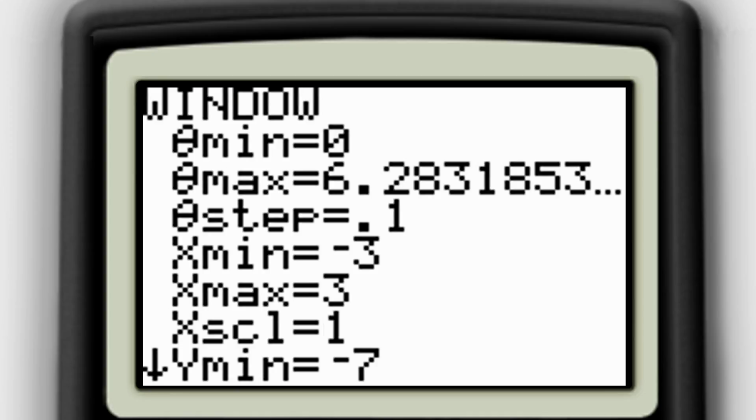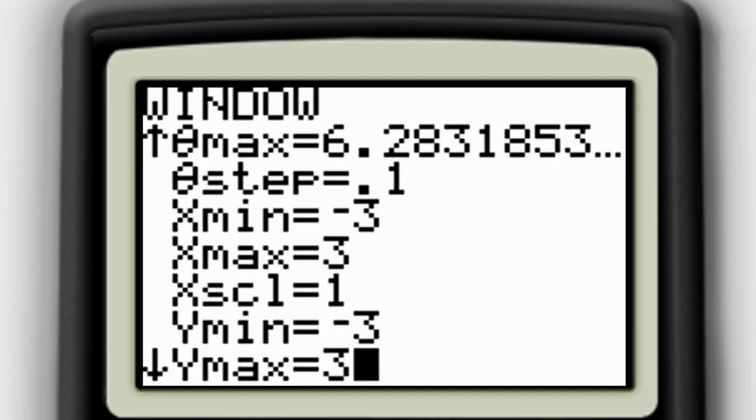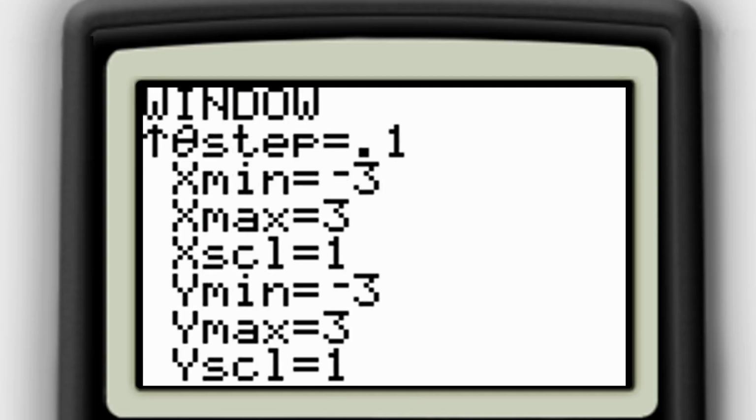And let's take our y min from -3 to a y max of 3 and y scale of 1. And press graph. Looking at this, we should see the graph of an ellipse. And after it's done sketching, that's what we get.